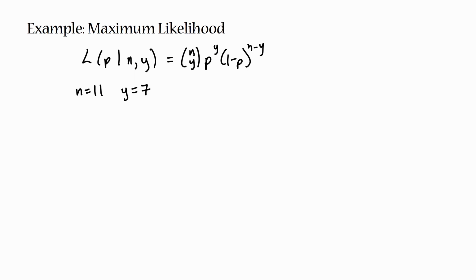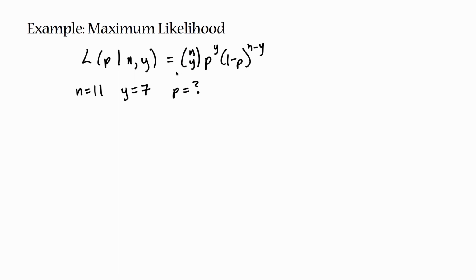So we're trying to fit a model for the binomial probability of a successful dive based on this data. I want to know what value of p I should use for the per dive success rate, and I'm assuming the success rate is going to be binomially distributed. So if I take my likelihood function here, I want to find its maximum, given n and y are 11 and 7.